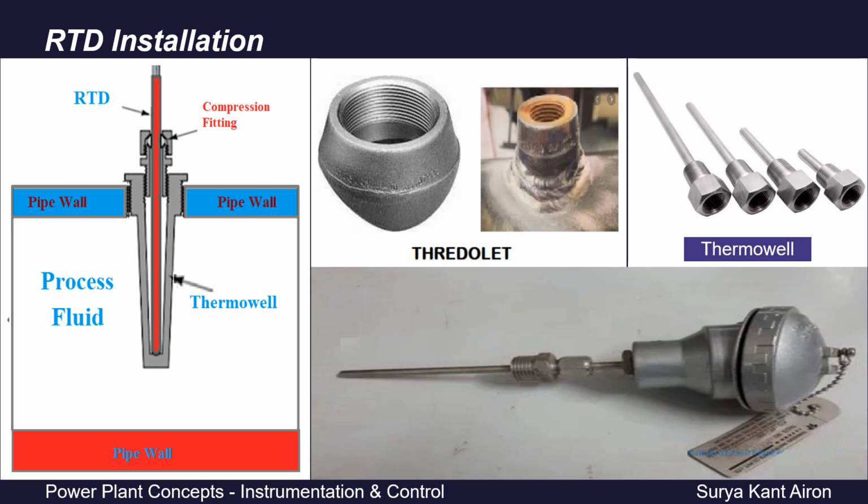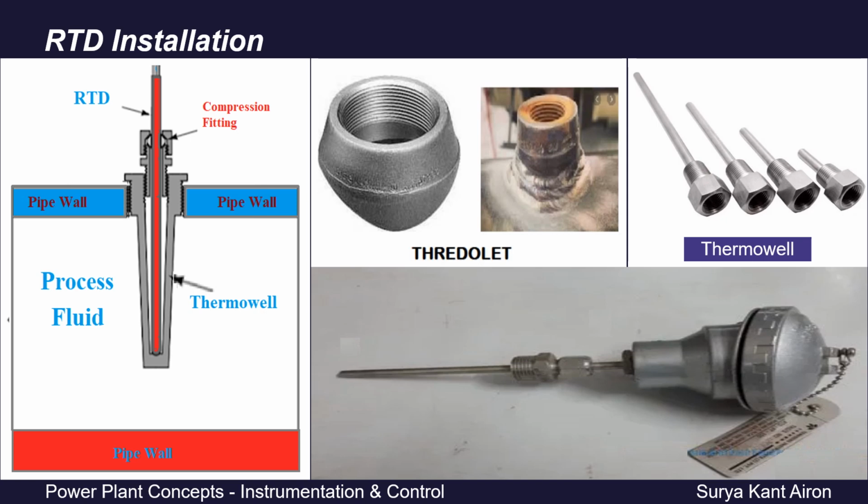Then a thermowell, on the right side picture we have shown many thermowells. Then a thermowell is inserted, and again it has threaded connection, so that fits into this threadolet using thread connection. Then finally we insert our RTD in that thermowell, again with threaded connection.